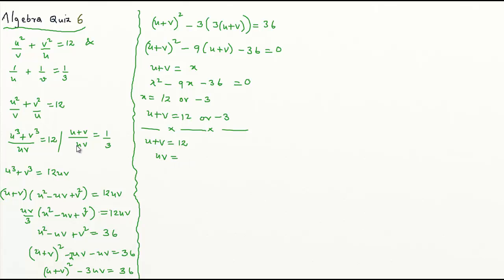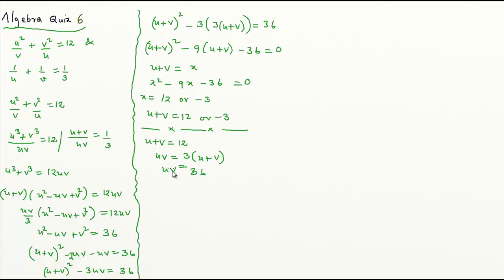So uv from this relationship is going to be 3 times u plus v. So that becomes u plus v is equal to 12, so that becomes 36.